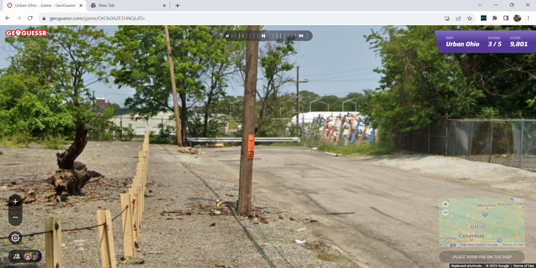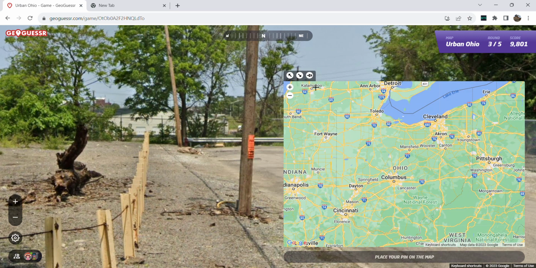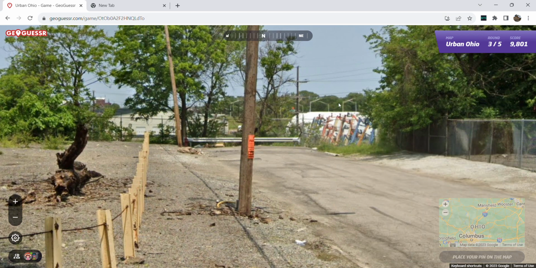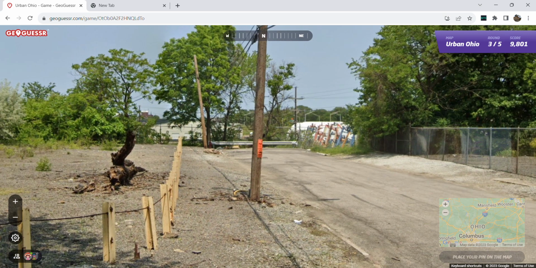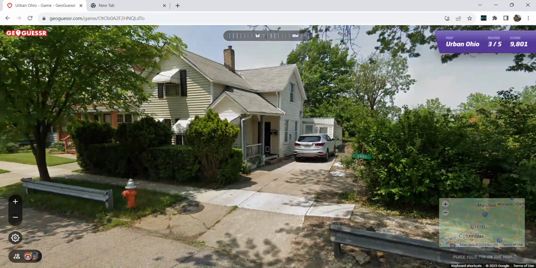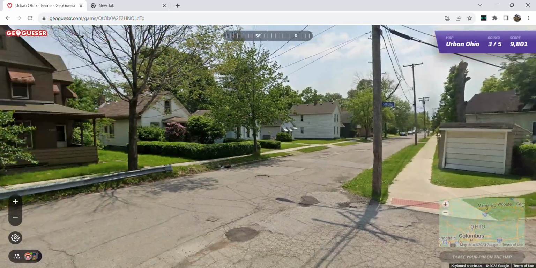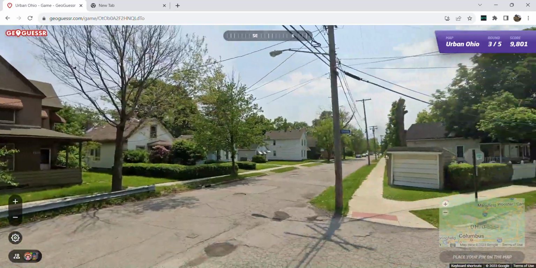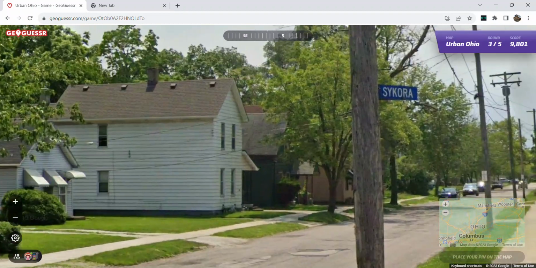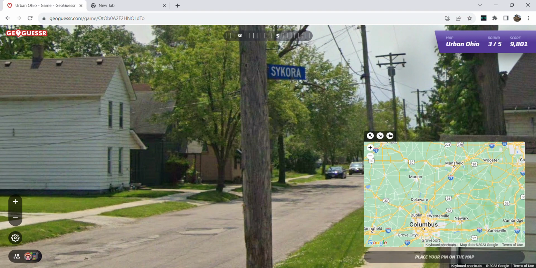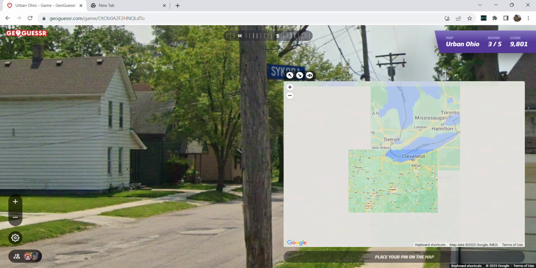I would definitely venture to guess Northeast Ohio here with these old-timey feeling streetlights giving me kind of like Cleveland feels. These roads, the condition of the roads, just these houses. The thing I think that's most tipping me off to go Cleveland area is this blue street sign.